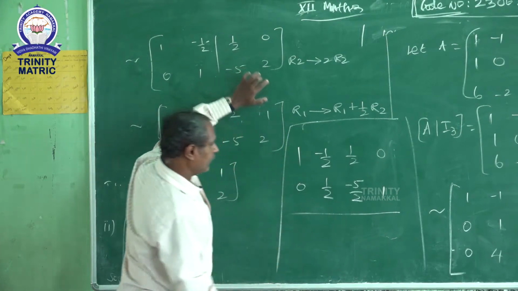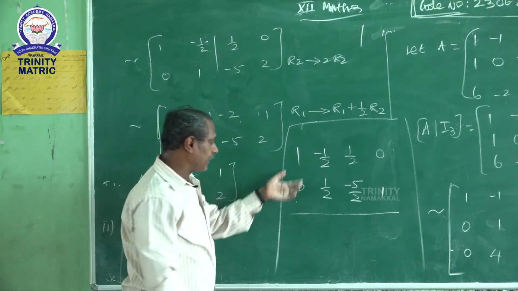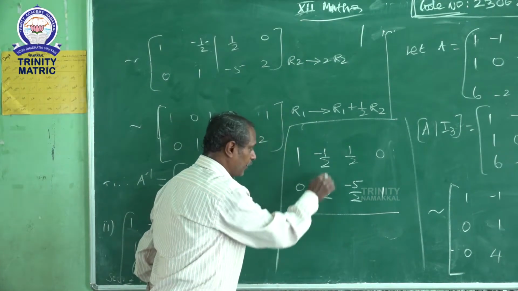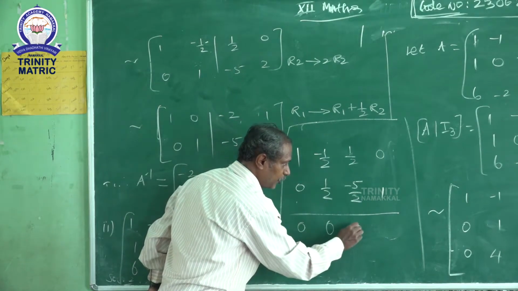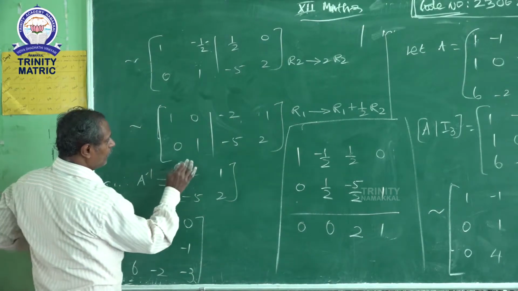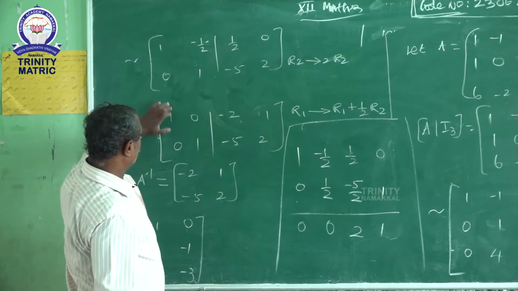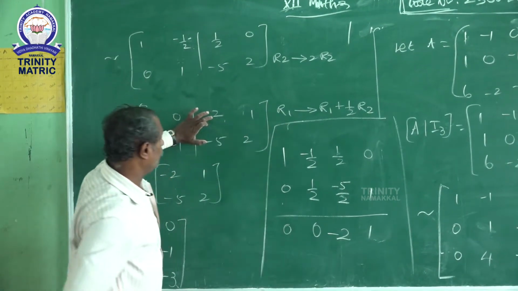So directly we are adding these two, 1 plus 0, there will be no change in sign, minus 5 by 2 you will get 2, 0 plus 1 is 1, that is 0, 1. So we are getting the terms 1, 0, minus 2, 1.